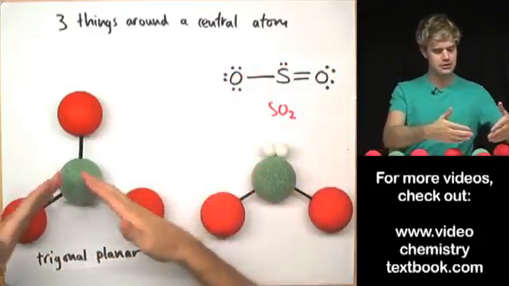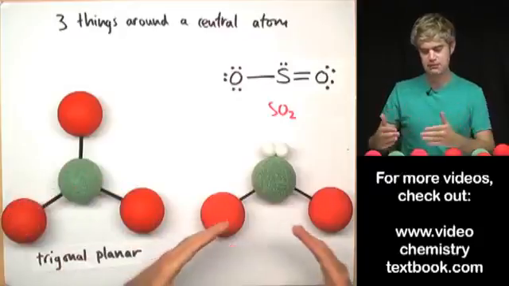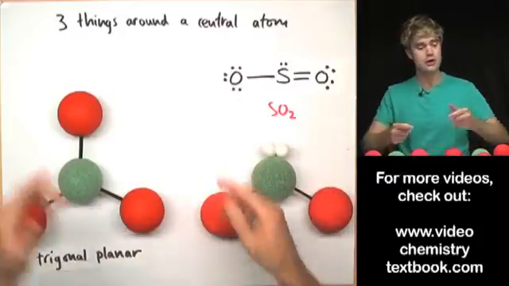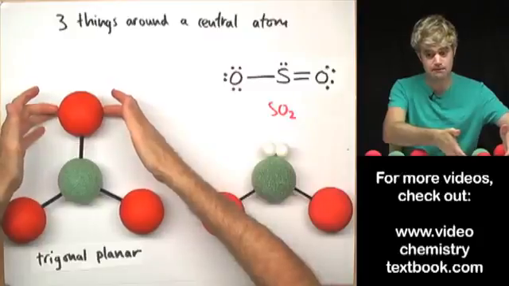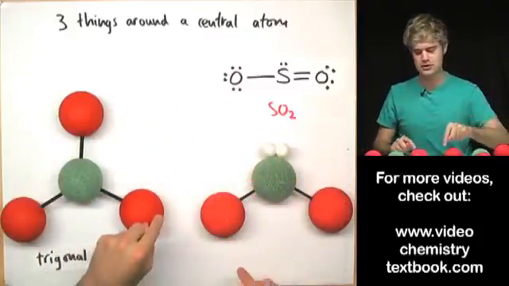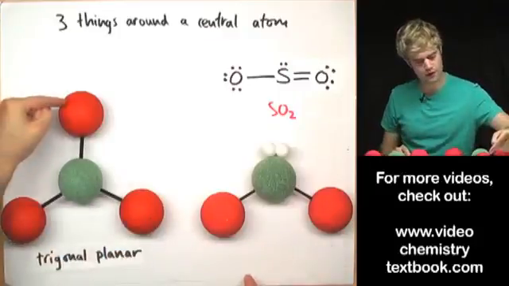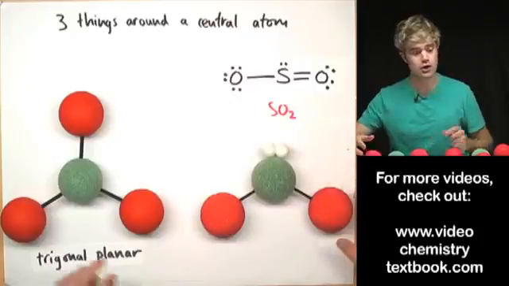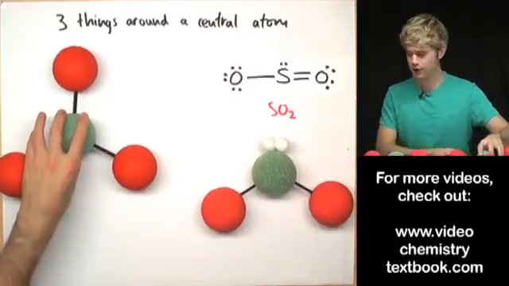But these atoms are still in the same place because this unshared electron pair pushes the atoms away from each other, just like this atom did, okay? So they're based on the same shape, 3 things around a central atom. It's just one of these from the trigonal planar shape has been replaced by an unshared electron pair, okay?